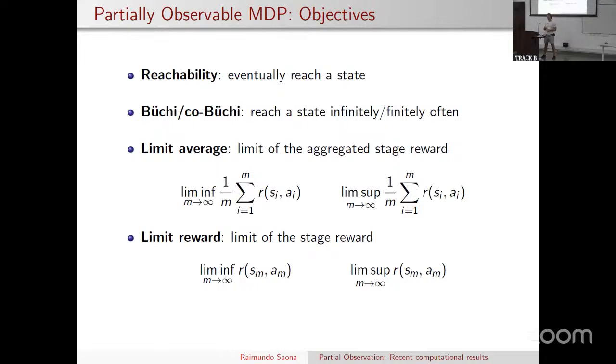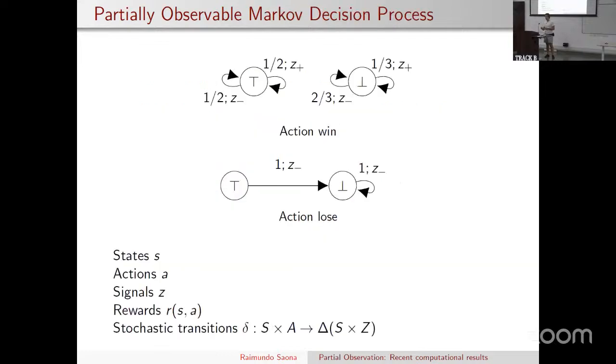There will be many objectives. Reachability is the simplest one. Büchi and co-Büchi is: I want to reach infinitely often, or reach only finitely often, some states. And I put rewards, sorry, to not indicate it. In this model, probabilistic partially observable Markov chains, every state will be given a reward, a number. So in this case, it's just reachability.